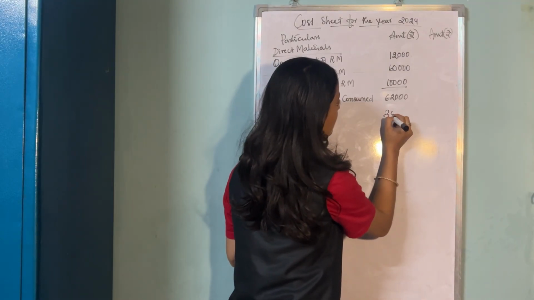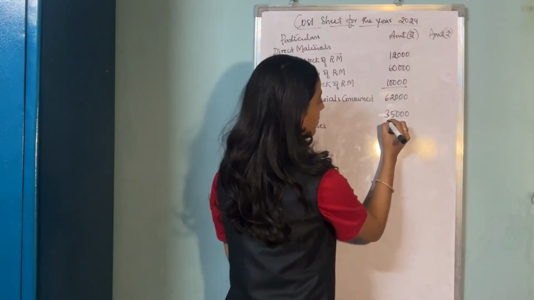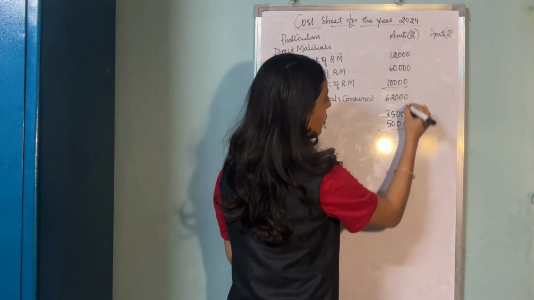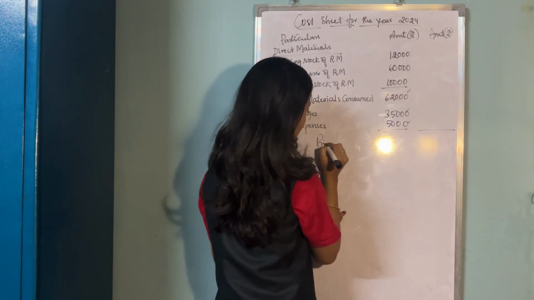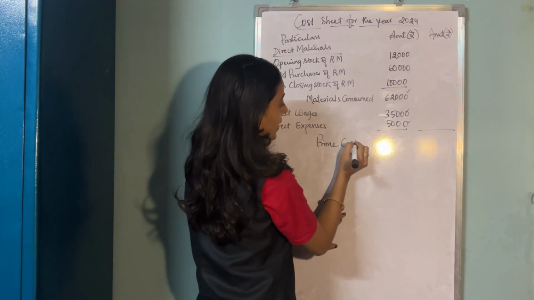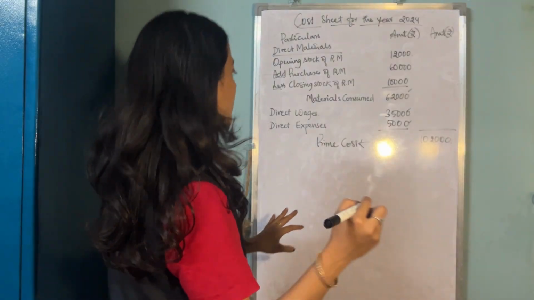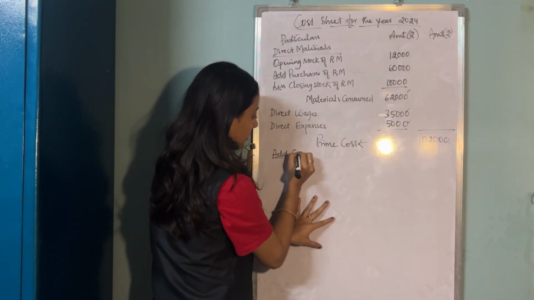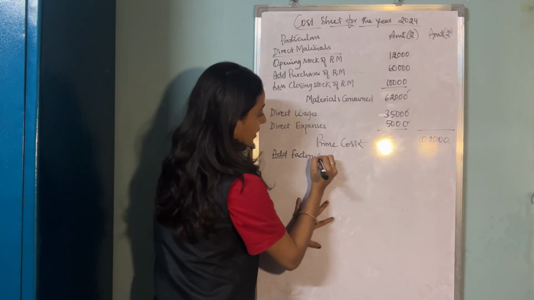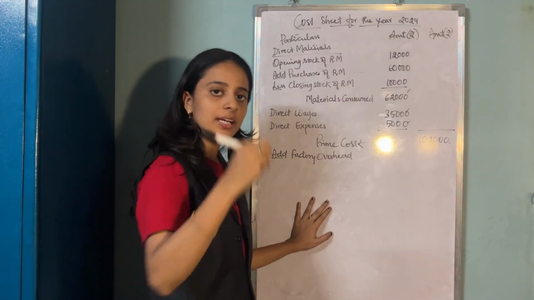Add direct wages 35,000 and direct expenses 5,000. All the direct items result in what? Prime cost. How much is that? Next is add factory overhead. What all items are of factory? List it down.